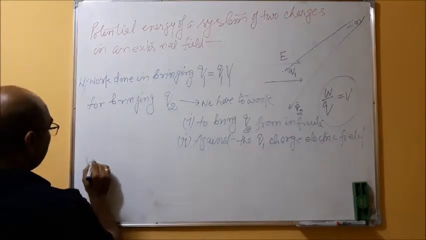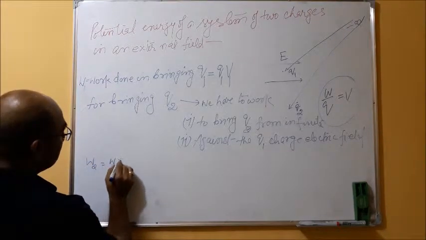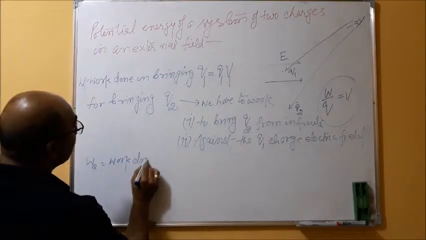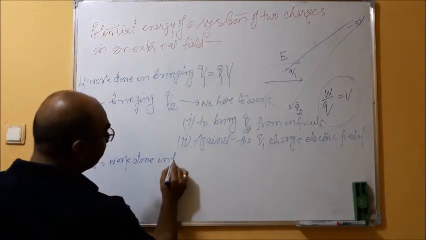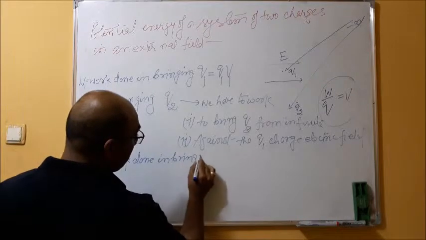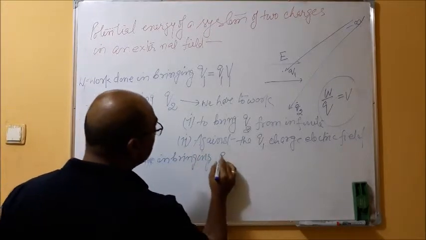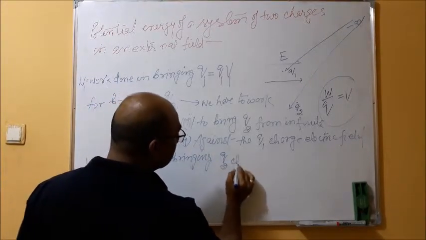So W1 is the work done in bringing Q1, and W2 is the work done in bringing the Q2 charge.